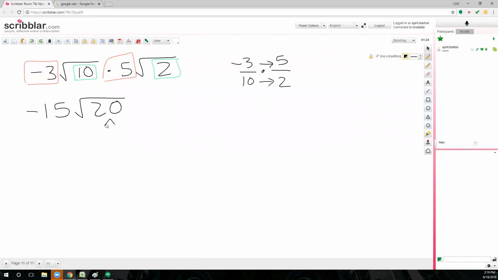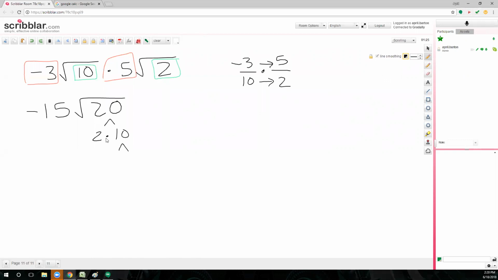So what are any two numbers that multiply to be 20? 2 and 10, that's one answer. Maybe someone else thought 5 and 4. Doesn't actually matter. Pick whichever one you think of first, because then you keep breaking down if it can.